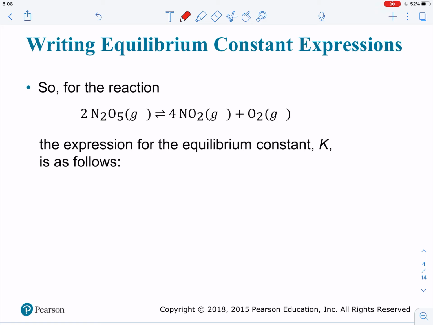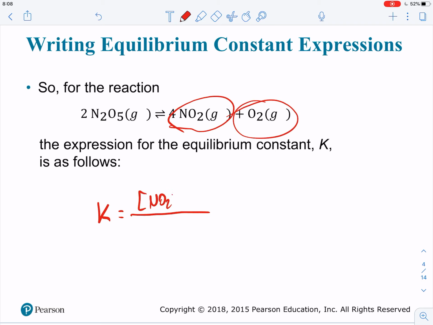If we want to write the equilibrium constant for this reaction, then we start with K. It's going to be a ratio, and you start with your products, which are NO2 and O2. So you have your concentration of NO2 times your concentration of O2, and you need to pay attention to your stoichiometric coefficients. You have 4 here with the NO2, so this is going to be raised to the power of 4.